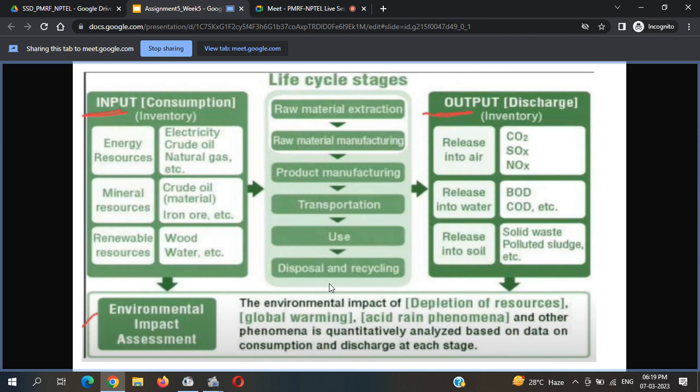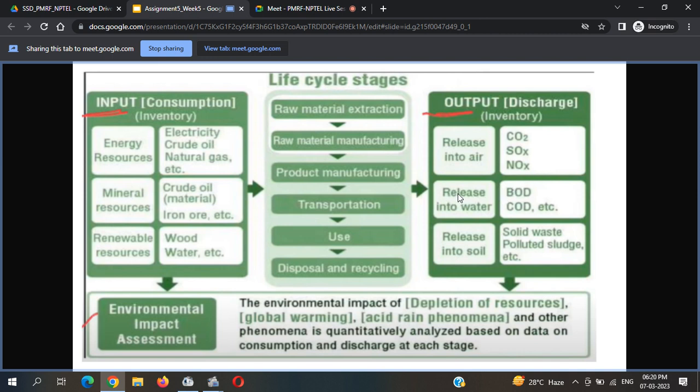And then after that use, there is disposal and recycling. As an output of various stages of the life cycle of the product, you get emissions into the air. So there can be CO2, SO2, or other oxides of sulfur, then NO2 or other oxides of nitrogen.